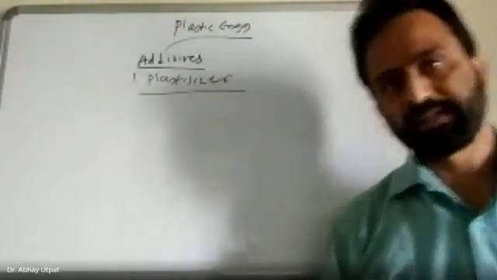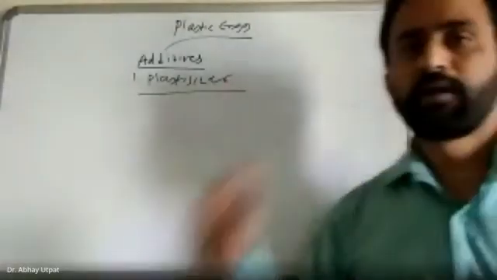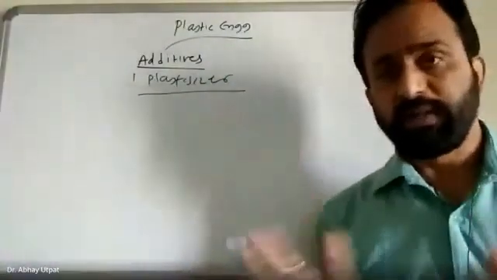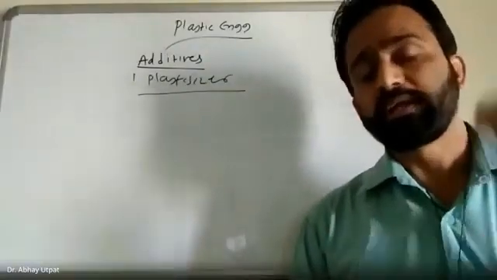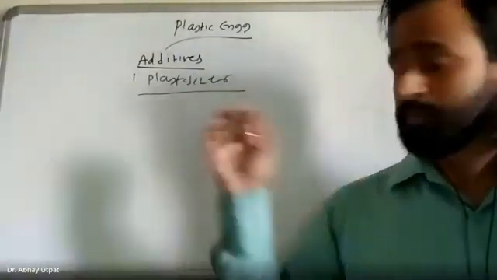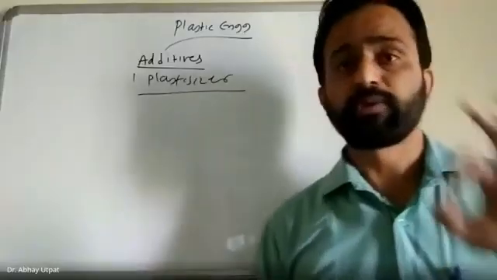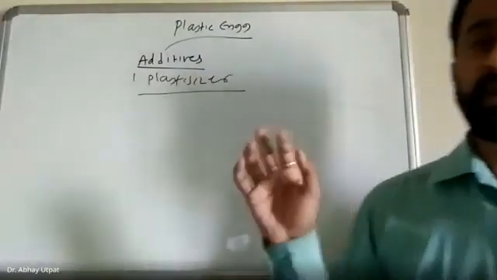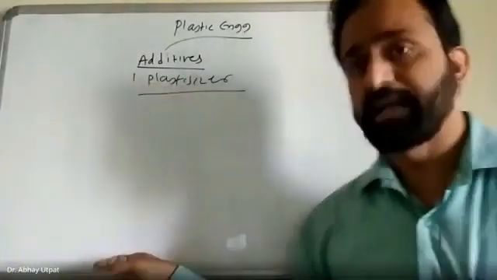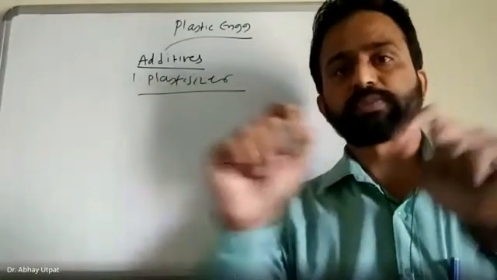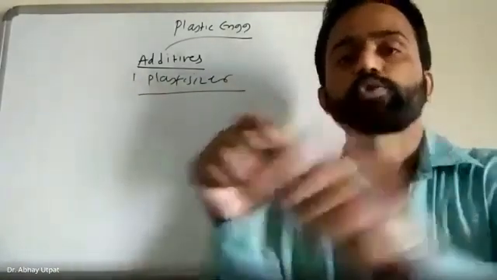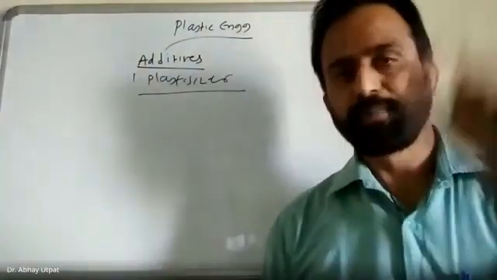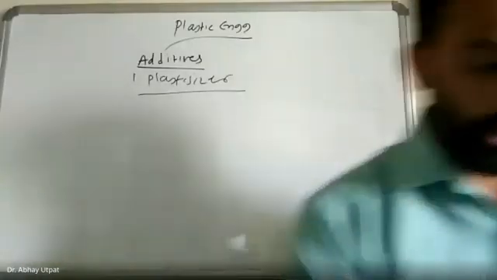Just in front of it, you write for, because whatever I am teaching you may be asked for 3 marks as a subjective question if there will be an offline exam. But in case of MCQs, it will be asked: X, Y, Z additives are added in the plastic for so and so work, option A, B, C. Remember this. Plasticizers are added for improving flow characteristics.